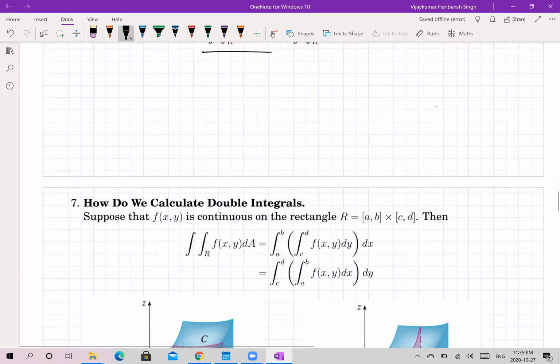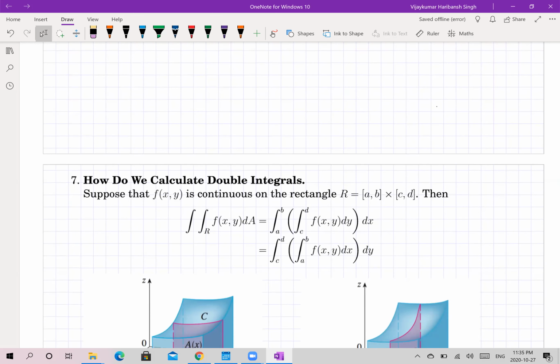So again, coming back, how do we calculate the double integrals? We want a mechanism to calculate them. Riemann sum is all fine, but we want an easier way, the way we used antiderivatives for functions of one variable.